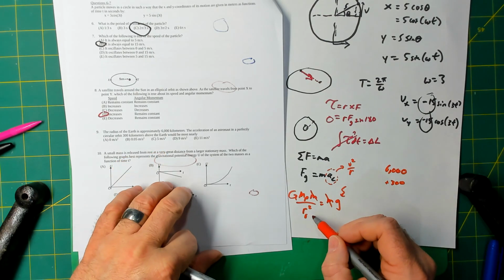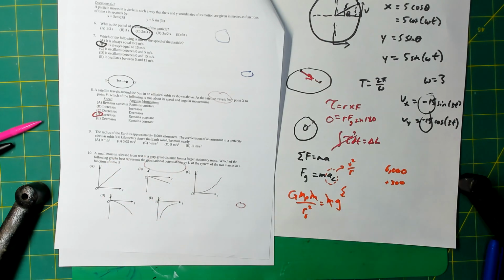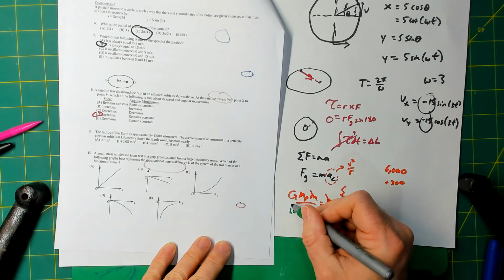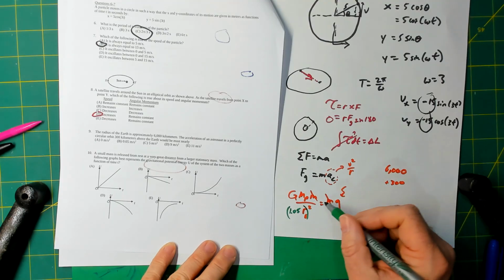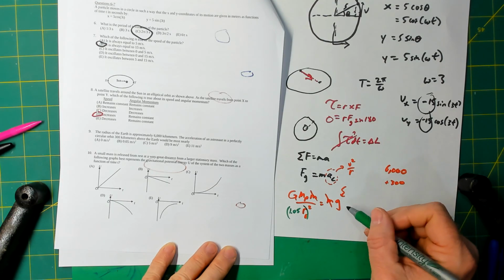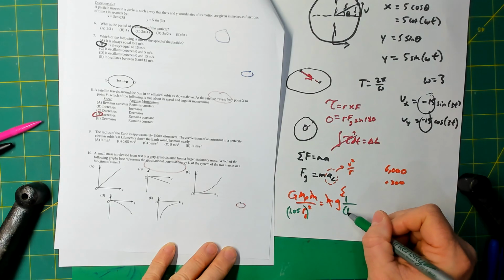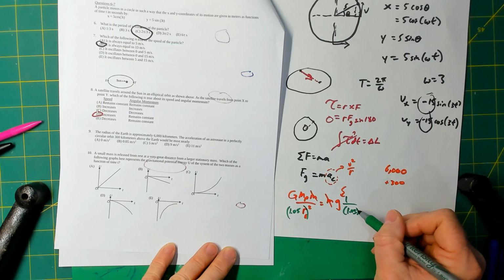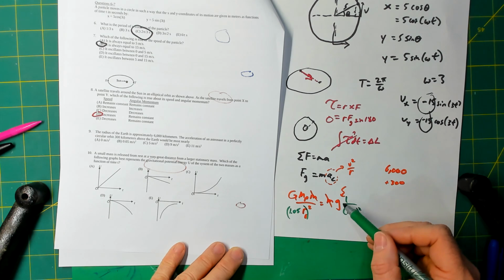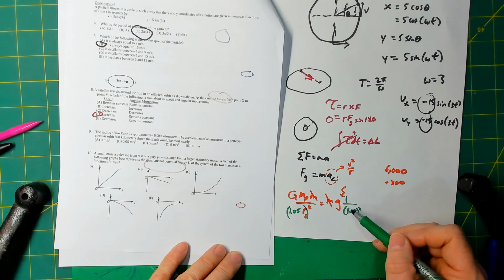So instead of having a radius of Earth squared in the bottom, I'm going to modify that by a factor of 1.05, a 5% increase, squared. I'm not changing G, not changing the mass of the planet. What's going to have to happen here? I'm going to have to multiply this by 1 over 1.05 squared. That's just going to decrease it by a little, right?